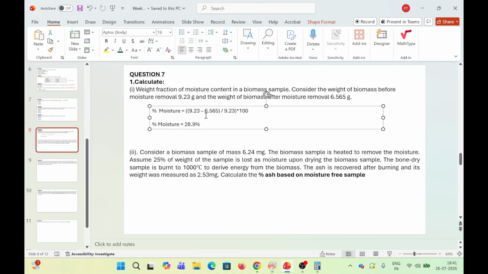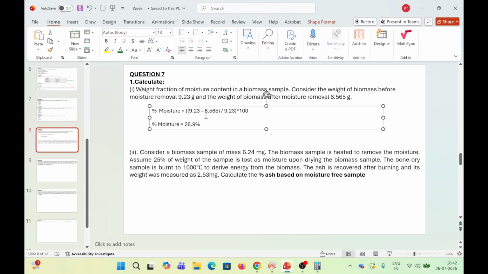So over there I'm going to calculate the moisture with respect to the bone dry sample. So if the question states to calculate the weight fraction of the moisture content in a bone dry biomass sample, then you need to divide with 6.565. It's all about what is the basis of calculation. Here the basis is the as received sample, so that is the reason I'm going to put 9.23, right?